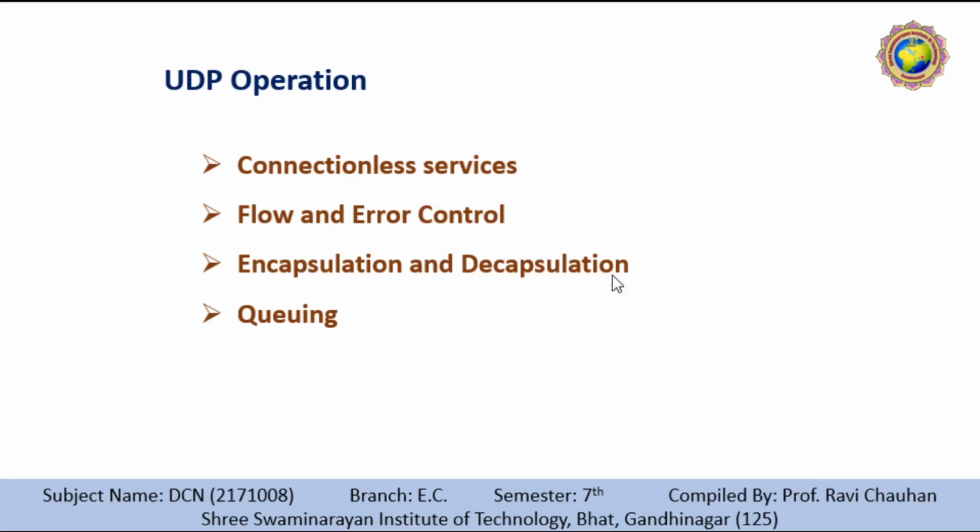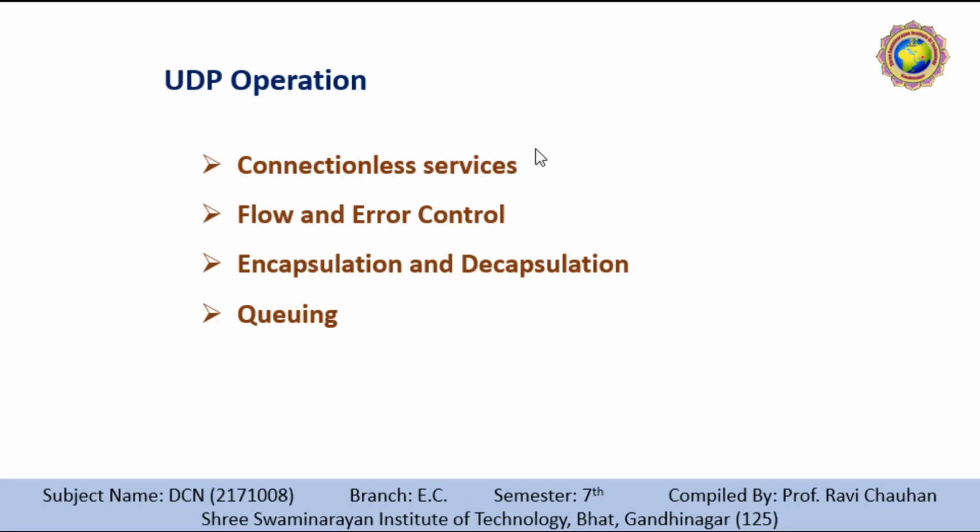There is no relationship between the different user datagrams even if they are coming from the same source process and going to the same destination program. The user datagrams are not numbered. Also, there is no connection establishment and no connection termination as in the case of TCP. This means that each user datagram can travel on a different path.